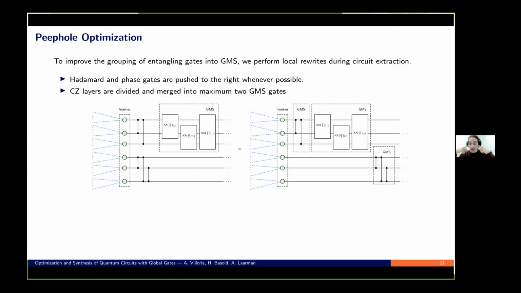What this then causes is that you cannot compile any more CNOTs to the GMS gate, because now you have a single qubit gate that doesn't commute with the rest of the entangling gates.